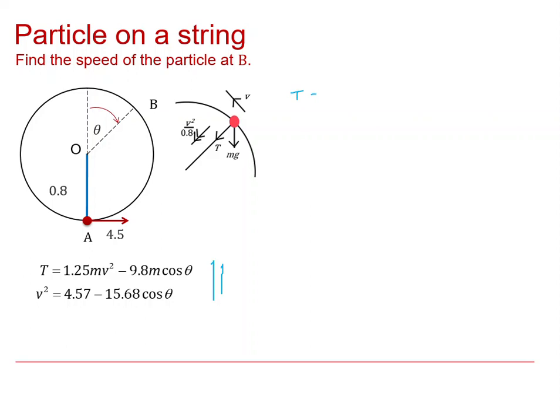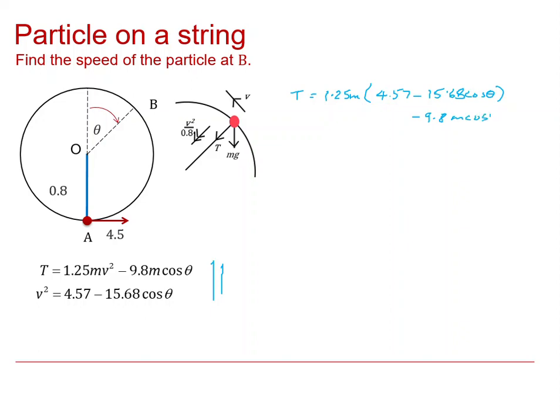So t is 1.25 times m times v squared, which is 4.57, minus 15.68 cos theta, that's the first term, minus a 9.8 m cos theta.